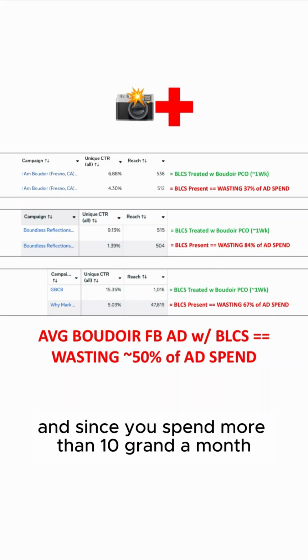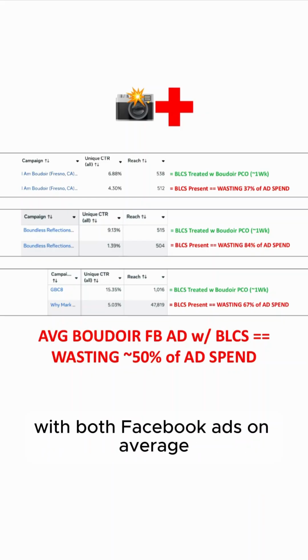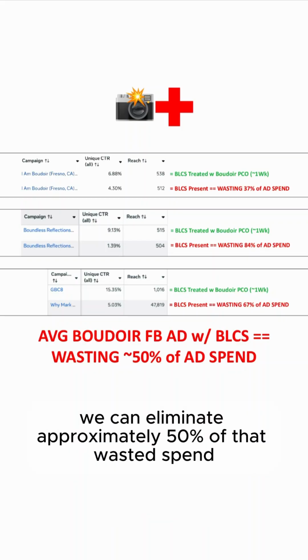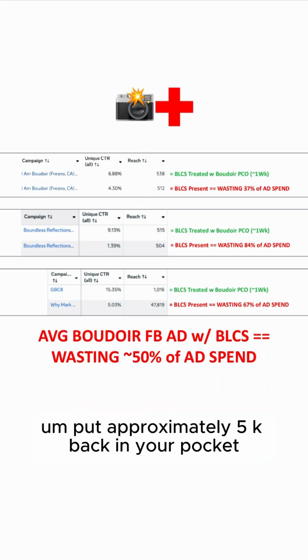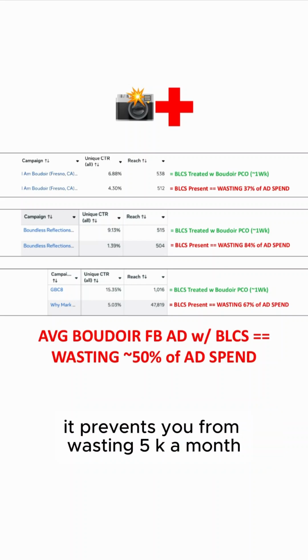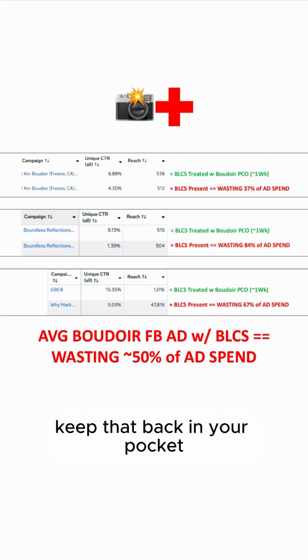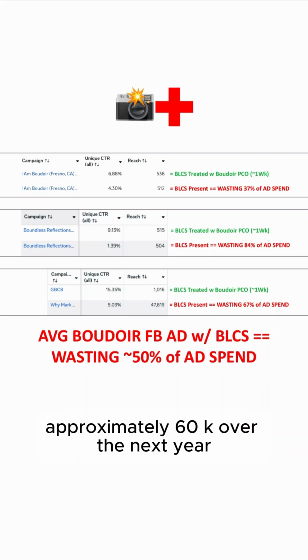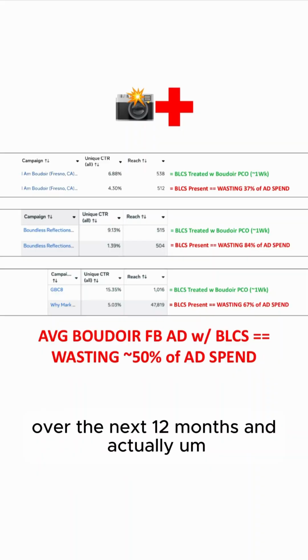And since you're spending more than 10 grand a month on Facebook ads on average, we can eliminate approximately 50% of that wasted spend. Put approximately 5K back in your pocket. Well, actually, you don't even have to spend it. Prevent you from wasting 5K a month. Keep that back in your pocket, approximately 60K over the next 12 months.